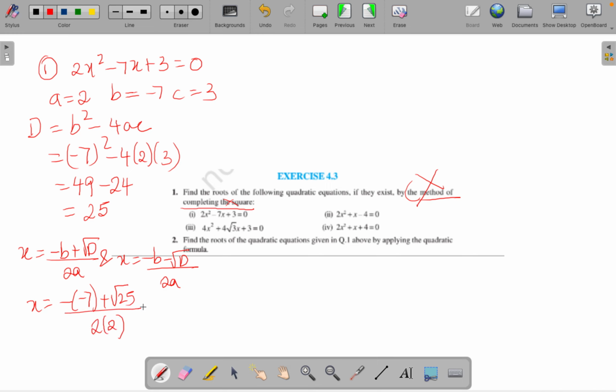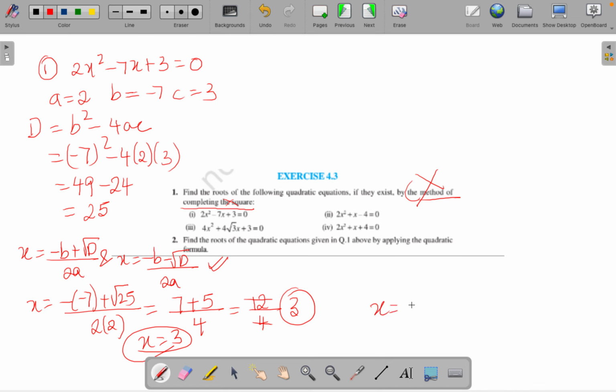So if we solve it further, this is 7 plus 5 upon 4. So please add it. 7 plus 5 will give you 12, children, upon 4. So 4 3s are 12. So one value of x is 3.